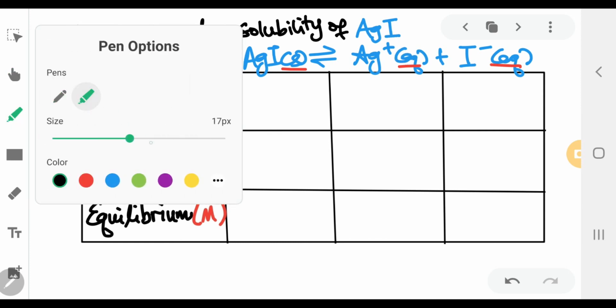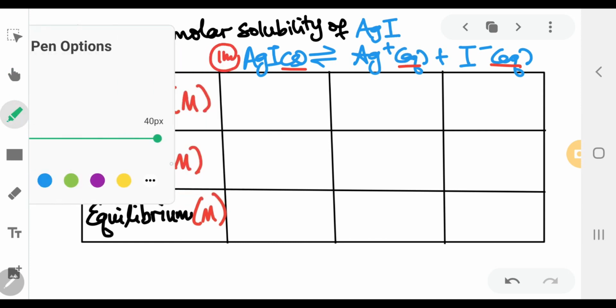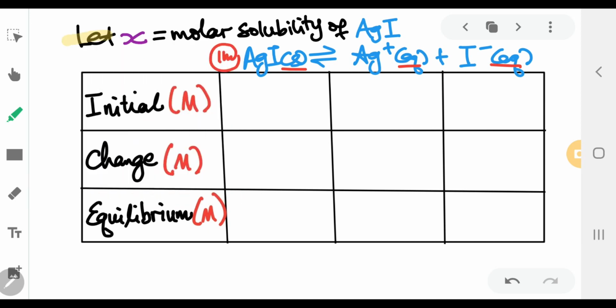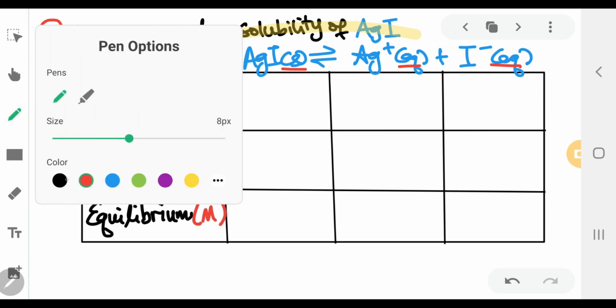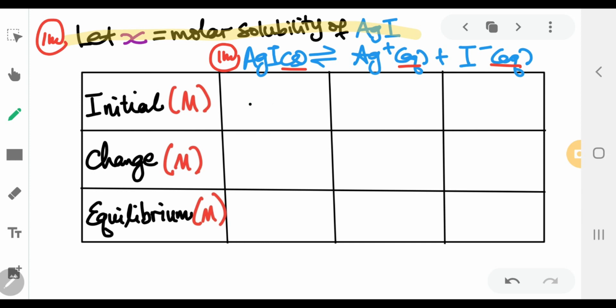This one will also give you 1 mark, very, very important. And do remember that for solids, we are going to ignore that.